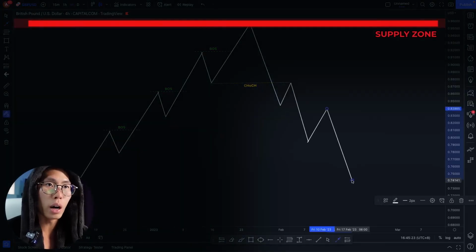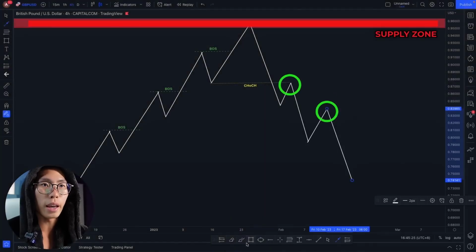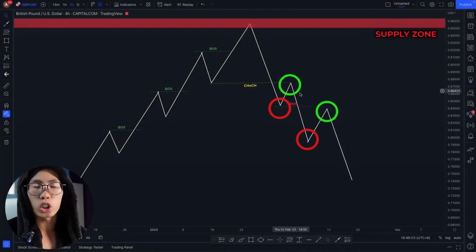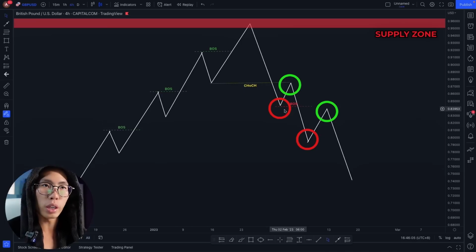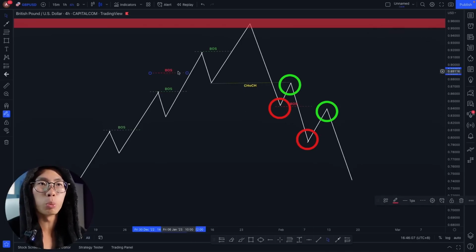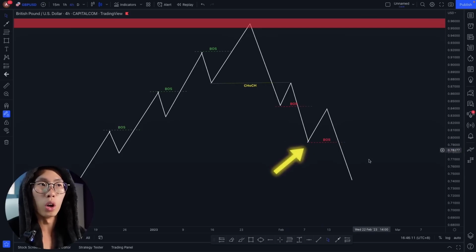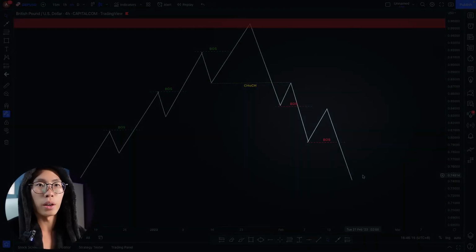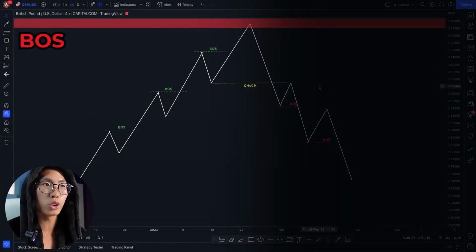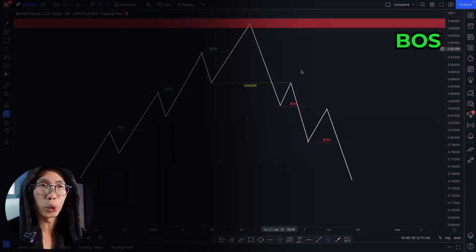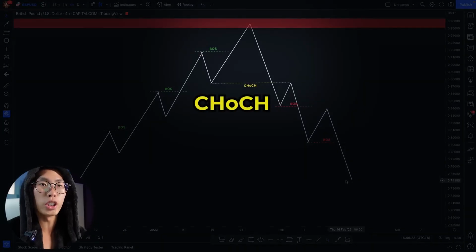As it starts to go down, it will create your lower highs and lower lows. And as price creates lower highs and lower lows, it will also create your bearish break of structure whenever price breaks through a lower low. So when price breaks through a lower low, it creates another break of structure right here. This is our bullish break of structure, this is our bearish break of structure, and this is our change of character.